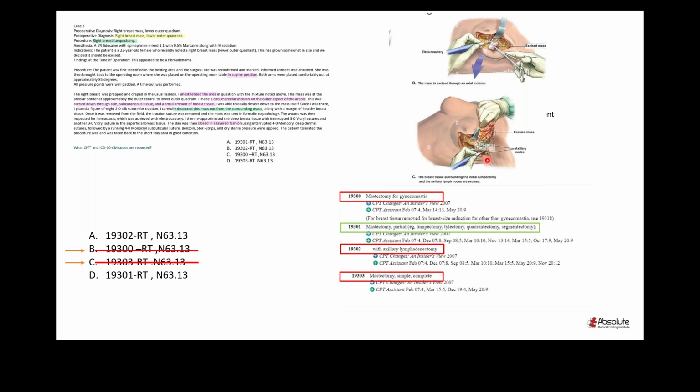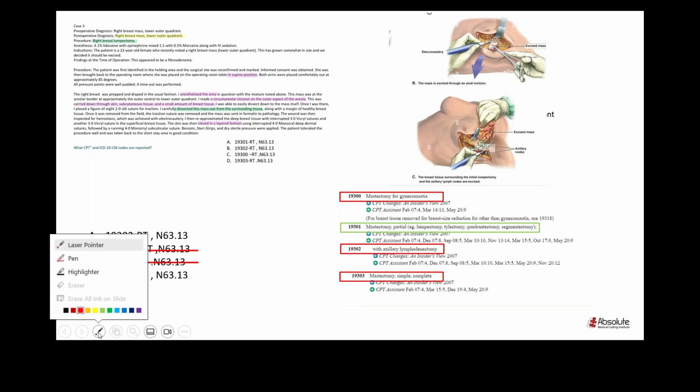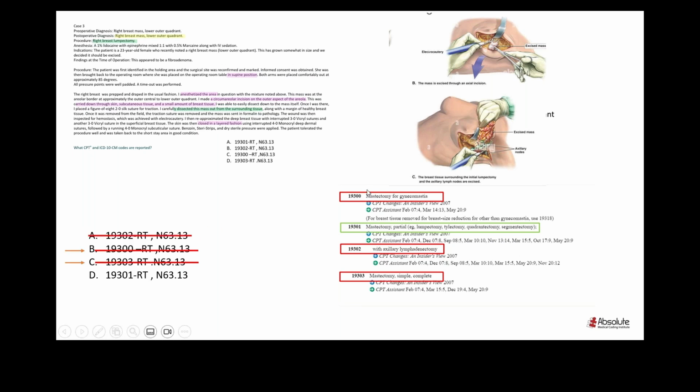So always cross check with the procedure inventory and confirm which procedure was performed. Here an axillary lymphadenectomy was not performed, which means option A is incorrect. The correct answer is going to be option D, 19301 RT and N63.1. So that is your correct answer, and coders, I hope the explanation helped.